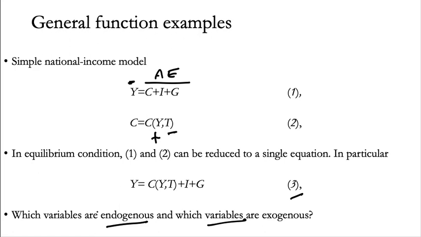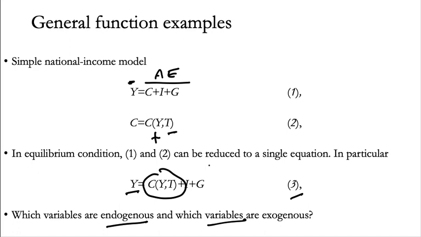Endogenous means that the variable depends on other variables that can be seen in the equation or mathematical expression. For instance, Y is endogenous because Y depends on C and I and G. Not only Y is endogenous, but C here depends on Y and depends on T. So what is exogenous here?